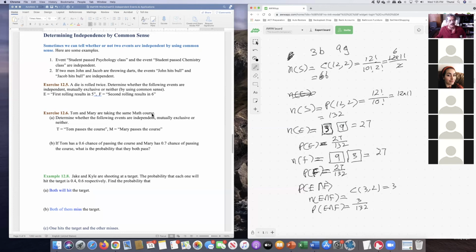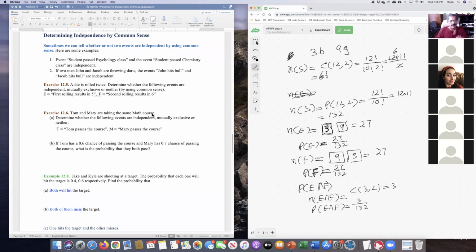So are they mutually exclusive? First one results in 5 means the outcome of the first rolling is 5. Now you're rolling again, and you're getting 6 in the second one. Can they both occur at the same time or not? Yes, they can.